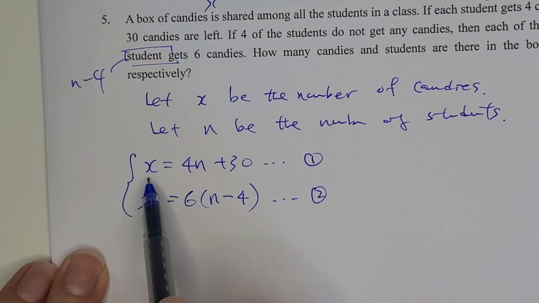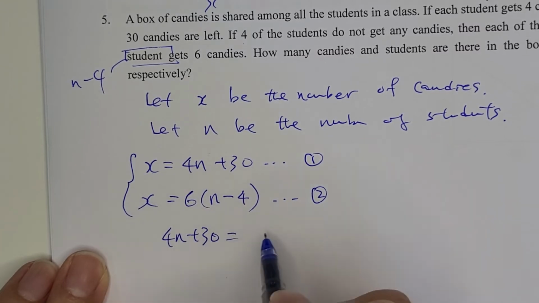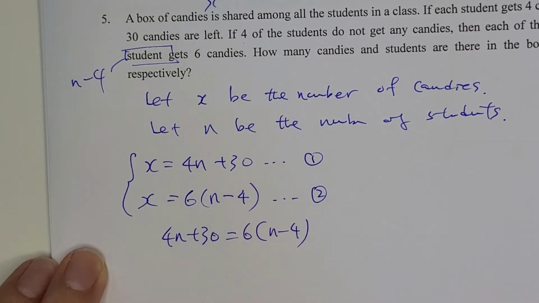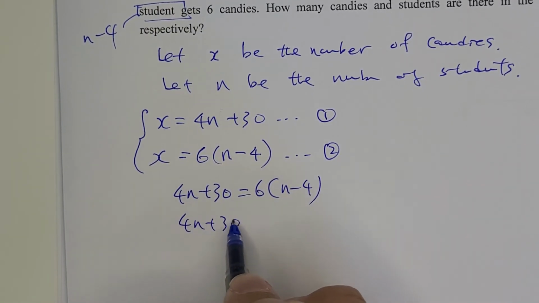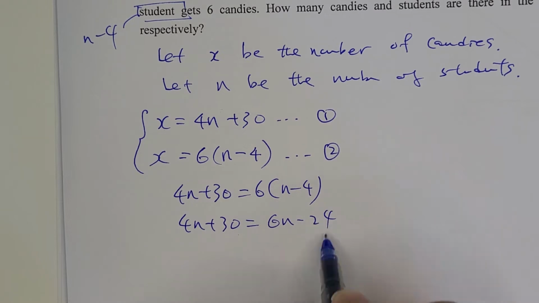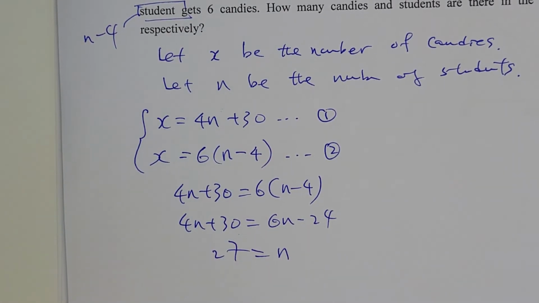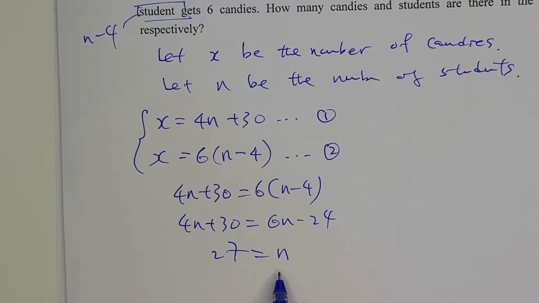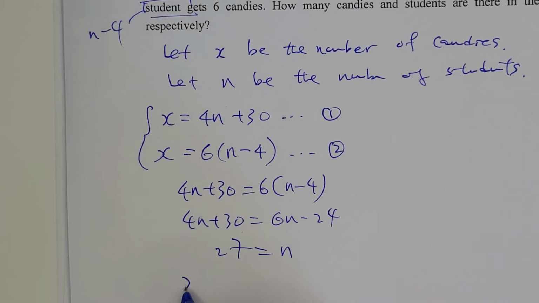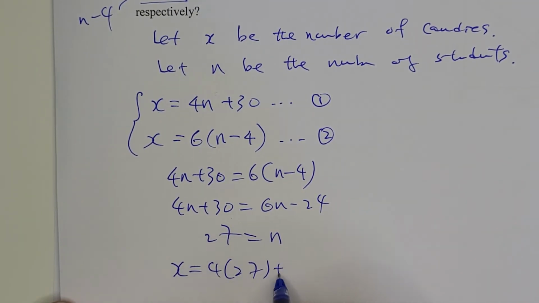That means you need to satisfy both conditions or both equations. You can see that x is the subject, so 4n plus 30 equals 6 bracket n minus 4. And then you can solve for n directly. They are quite straightforward. n is 27. There are 27 students in the class, and x would equal 4 times 27 plus 30, that is 138.